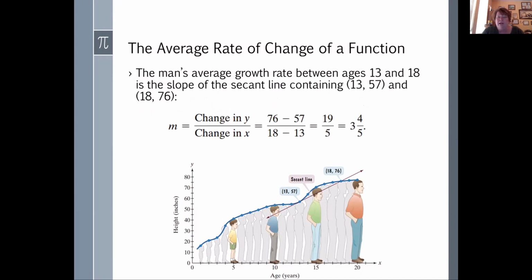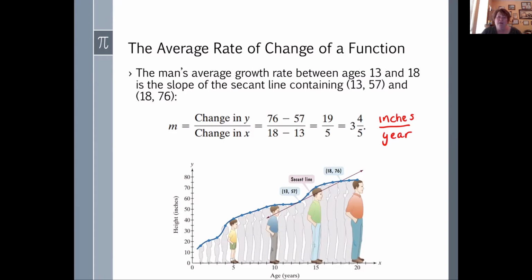And this is actually inches per year, if you want to know what the units are, because the numerator is inches tall and the denominator is year. So what does this mean, this 3 4/5 inches per year?